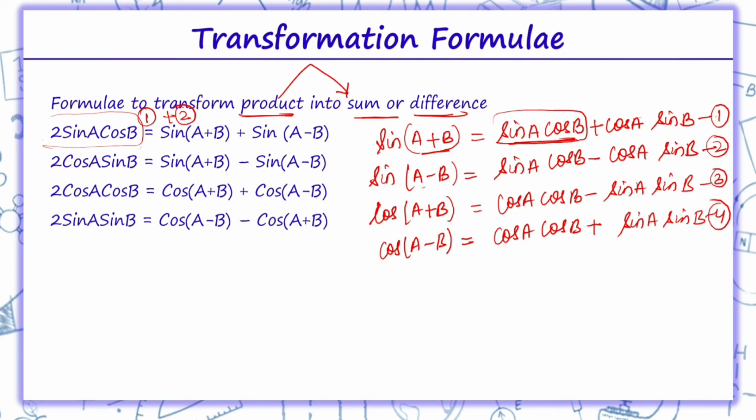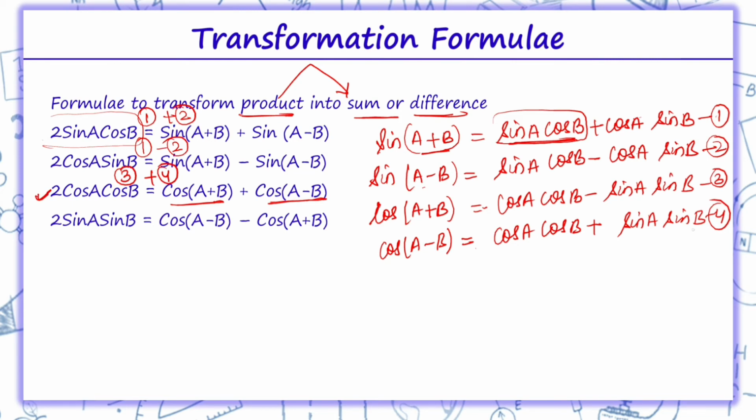Now if we subtract the second equation from the first, the sin A cos B terms will be cancelled out. So we'll get sin(A plus B) minus sin(A minus B). Now see over here, cos(A plus B) plus cos(A minus B): this is the third and fourth equations, so we are adding the third and fourth equations, and we get our third formula.